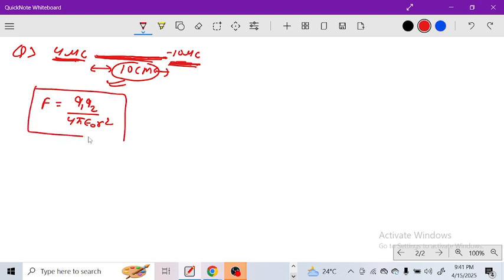R is the distance, 10 centimeter. You have to convert centimeter into meter, and microcoulomb into coulomb. If you convert 4 microcoulomb into coulomb, you get 4 into 10 raised to the power minus 6 coulomb.